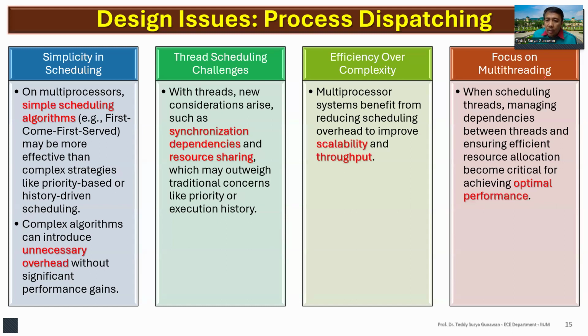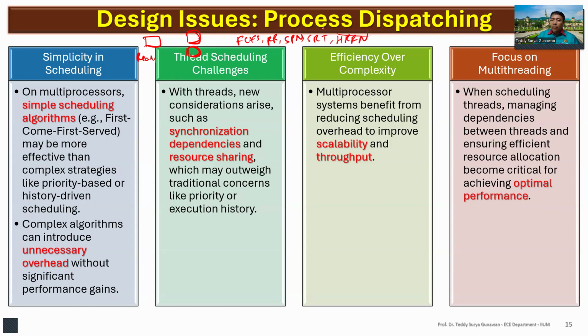The third issue is the actual process dispatching. What is dispatching? Remember, you have the ready queue and you have run. If you have multi-core, then you can have here the one and two. So for uniprocessor scheduling, remember that you can have first come first serve, round robin, shortest process next, shortest remaining time, highest response ratio next. 1, 2, 3, 4, 5.